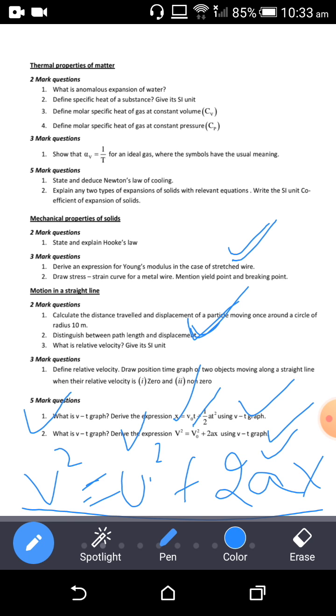So this is regarding some of the important questions which we come across in the chapters thermal properties of matter, mechanical properties of solids, and motion in a straight line.